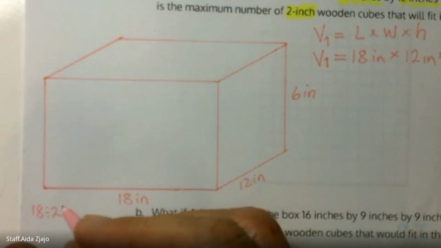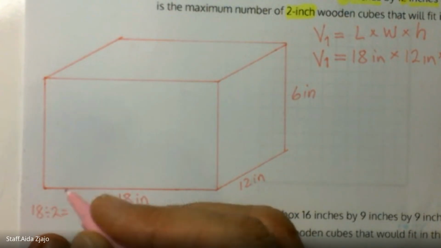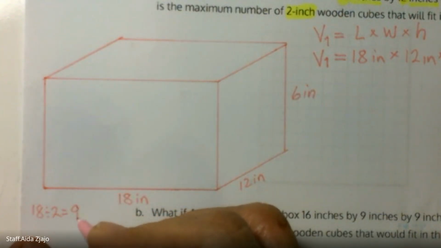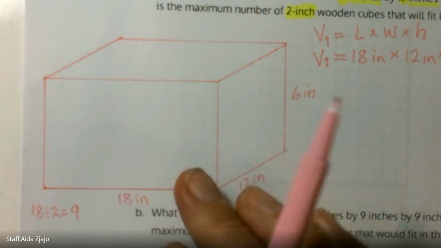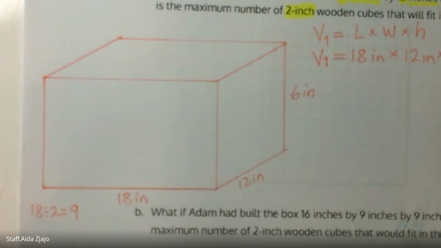What times 2 makes 18? That is 9. 2 times 9 is 18.